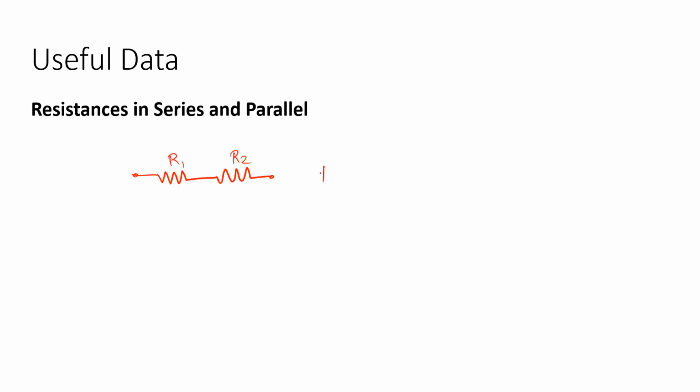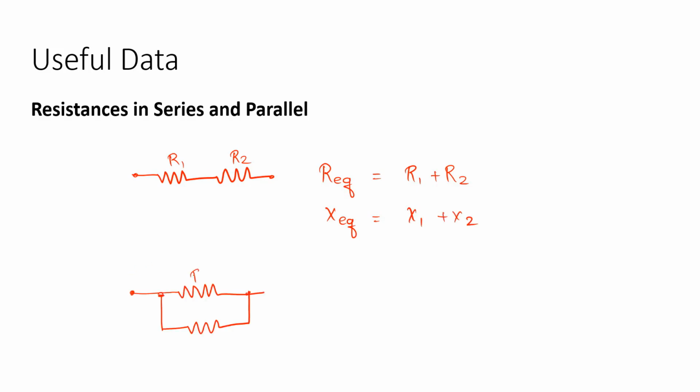The equivalent resistance of two resistors in series is given by R1 plus R2, and similarly for two impedances, the equivalent impedance is given by X1 plus X2. If we have two resistors R1 and R2 in parallel, then 1 by the equivalent resistance is given by 1 by R1 plus 1 by R2.